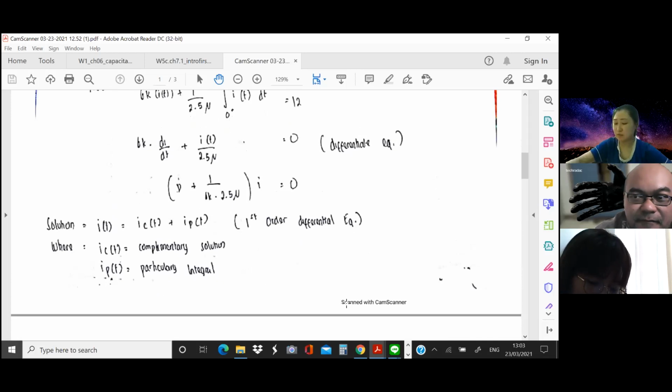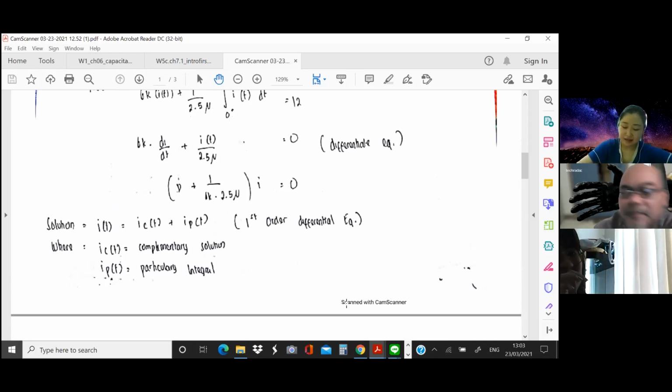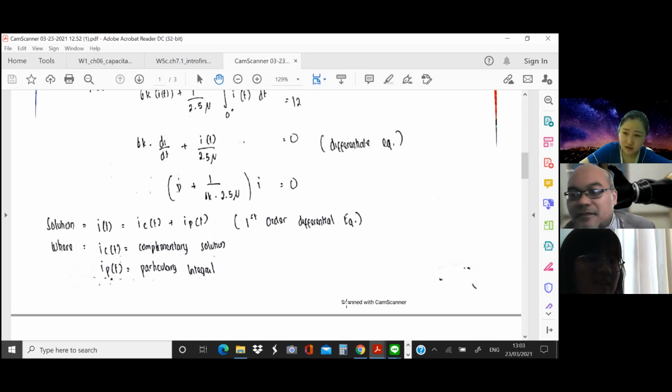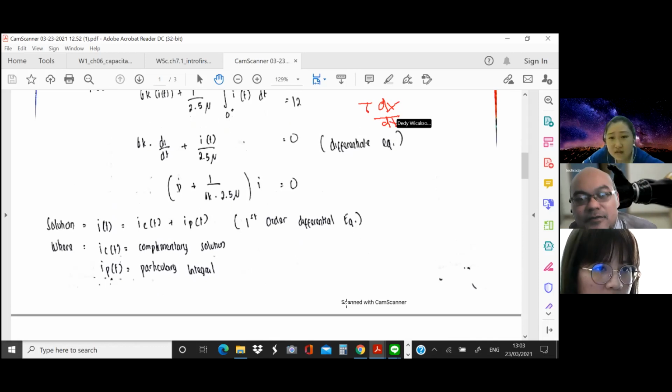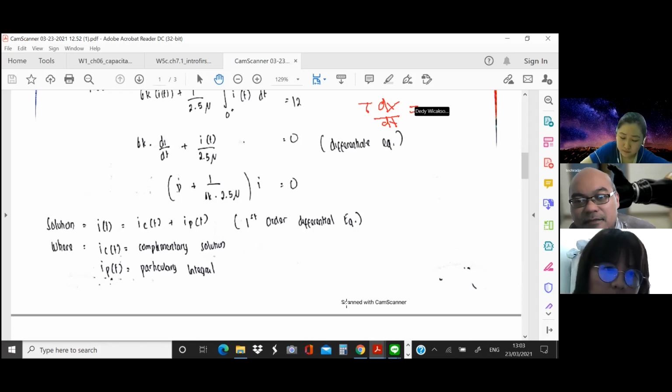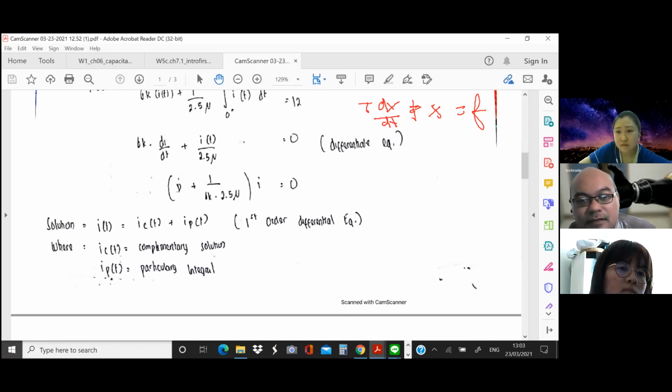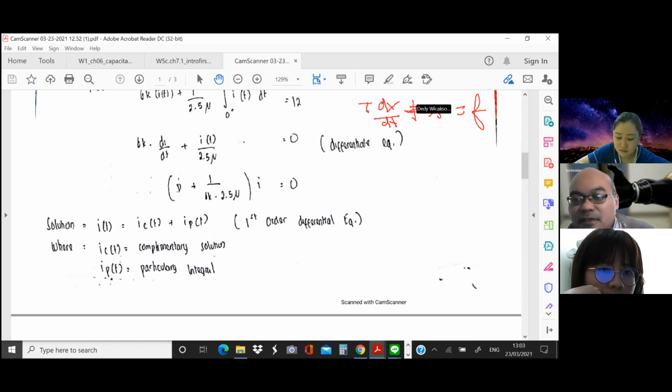Excuse me, sir, can you repeat it? Yeah, like I have taught you in the previous 2 hours, you have to re-express the equation of the circuit in the form tau dx/dt plus x equals F. If you want to find I, then I will be X here, so the coefficient multiplied to I should be 1.